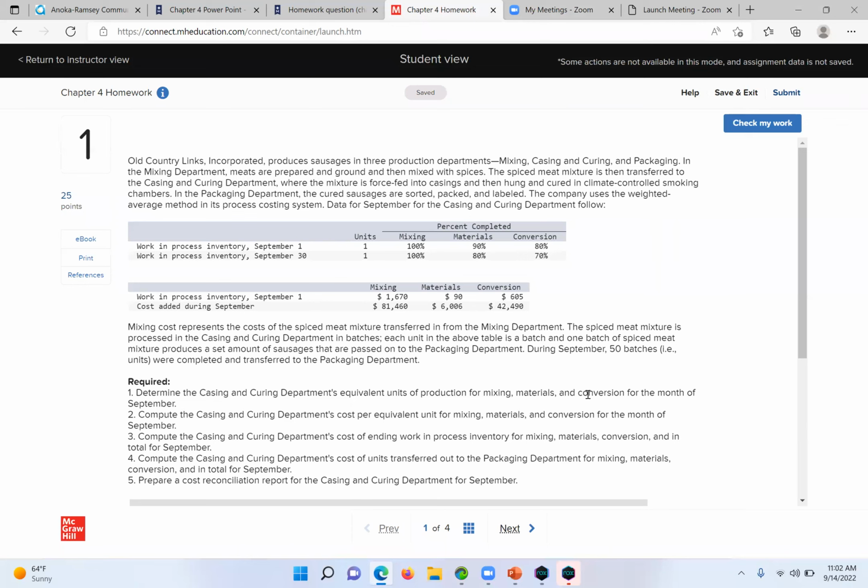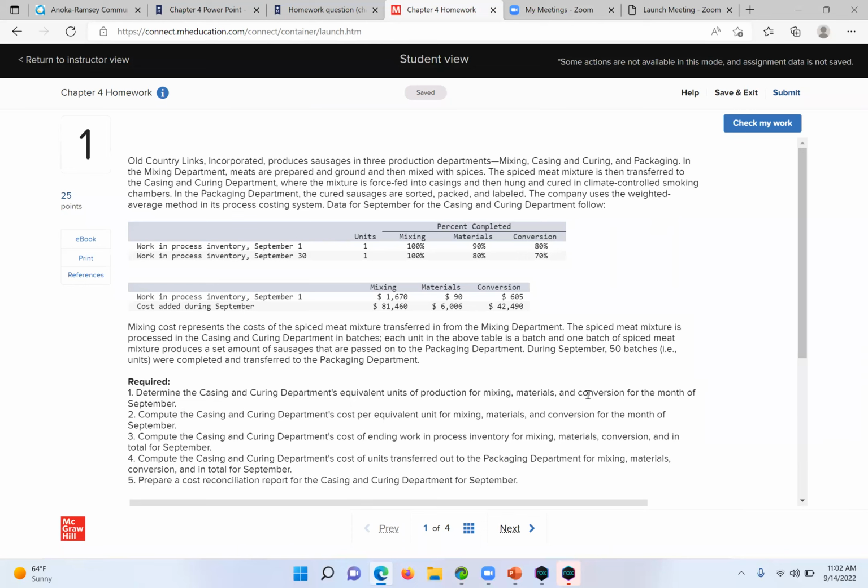Then it's transferred to the packaging department, where they're sorted, packed, and labeled. It gives us the beginning work in process, percent completed, and the ending. It also gives us the dollar amounts of the beginning work in process and the cost added.